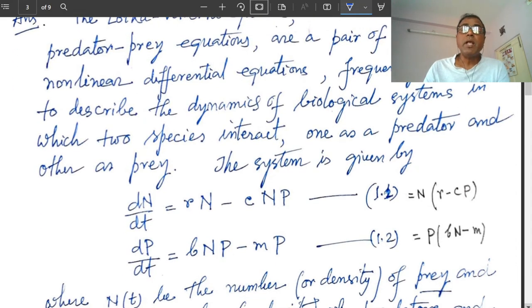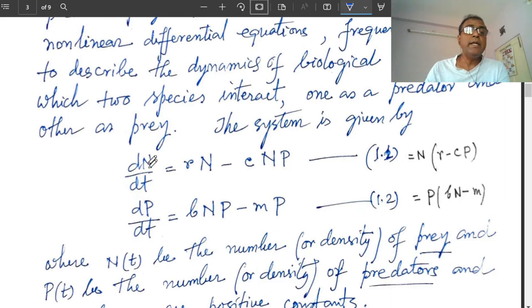The system is given by dN/dt equals RN minus CNP and dP/dt equals BNP minus MP. This is the Lotka-Volterra model system, first equation and second equation.